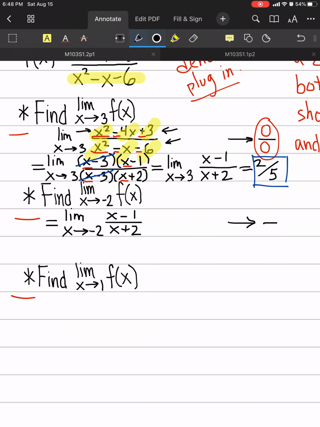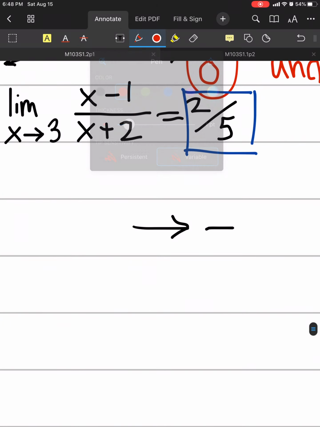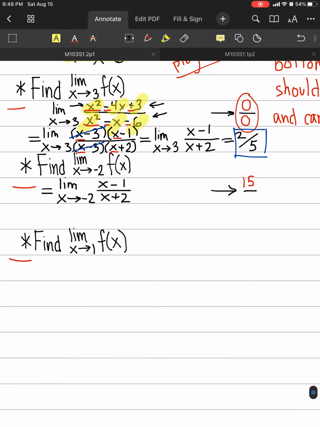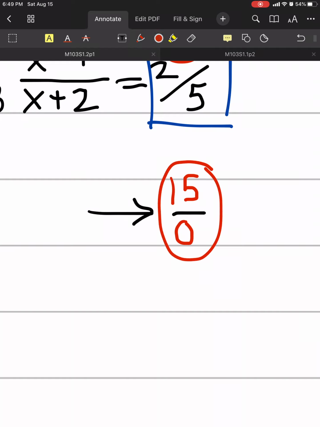So that's 4 plus 8 is 12, and that will give me a 15 on top. And on the bottom, negative 2 squared is 4 again, minus negative 2 is plus 2, so that gives me 6, minus 6 is 0. That's what I would get if I plugged it into the original.